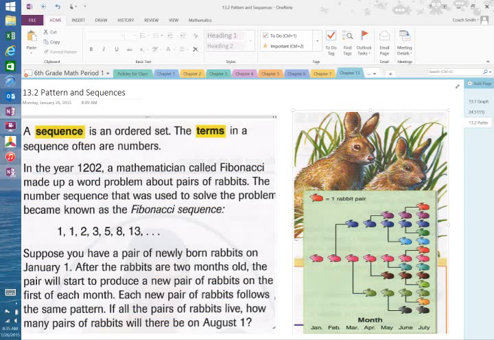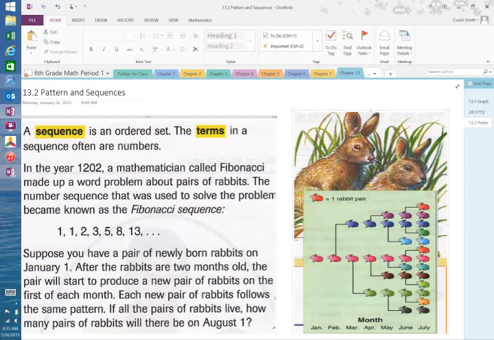In April, how many pairs did they have? They had how many pairs? 3 pairs. Okay, that is correct, because April, 1, 2, 3. You can follow along there.